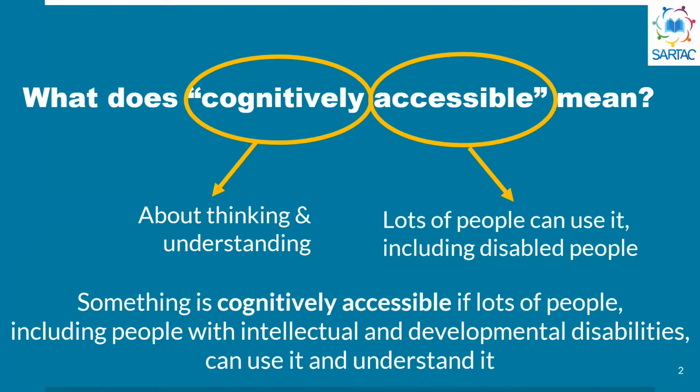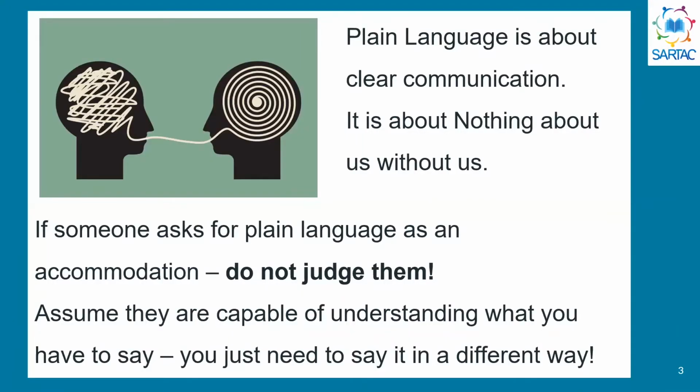And not just the people that things are normally geared to, but people who have difficulty with reading, people with intellectual developmental disabilities, people who speak another language as a first language. There's lots of people who can really benefit from cognitively accessible formats. As we're going to learn later, in fact, most of us can.